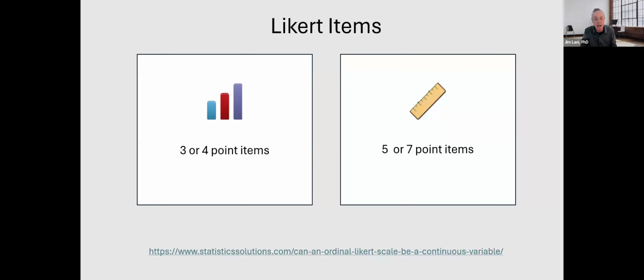People sometimes get stuck about, is my instrument ordinal or scale? Ordinal with that icon, ordered, or scale, like a ruler. So the rule of thumb is this. If it's a 3 or 4 point scale, keep it as ordinal. If it's a 5 or 7 point scale, strongly disagree, disagree, neutral, agree, strongly agree, keep it as scale.